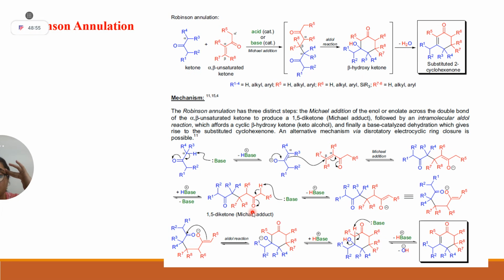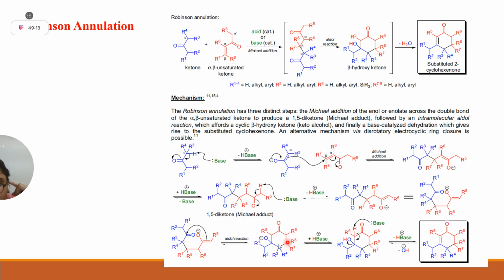You should keep this in mind in order to do annulation. Whatever enolate is forming here, first you quench it and form this ketone. After formation of this 1,5 diketone, again base will come, abstract this proton and do this annulation. How? 1, 2, 3, 4, 5, 6.